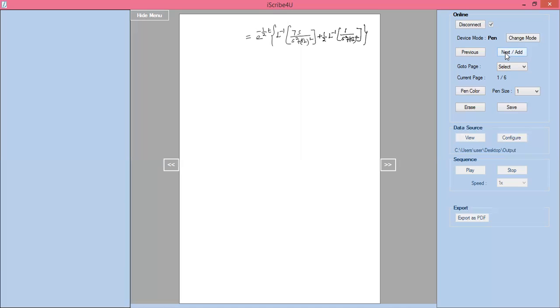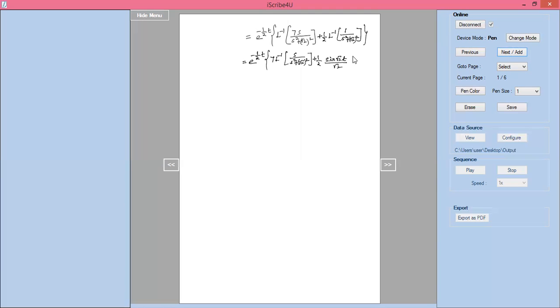Now, if I simplify this, I'll get e power minus 1 by 2t into L inverse of, this one should be over that, 7 I took outside, L inverse of s by s square plus root 2 square, plus 1 by 2 into L inverse of 1 by s square plus root 2 square, I'll write sine root 2t divided by root 2.